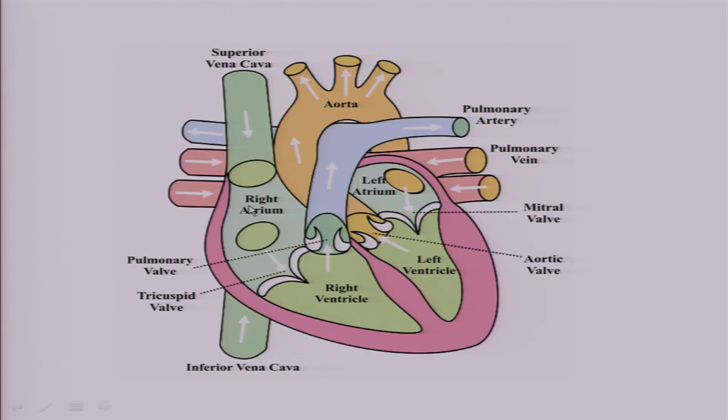As we saw in the diagram of the heart, there were 4 chambers. The 2 upper chambers are known as the atria, and the lower chambers are known as the ventricles. When the sinoatrial node generates the impulse, the contraction of the heart begins. First, the 2 atria contract and push blood from the upper chambers to the lower chambers.